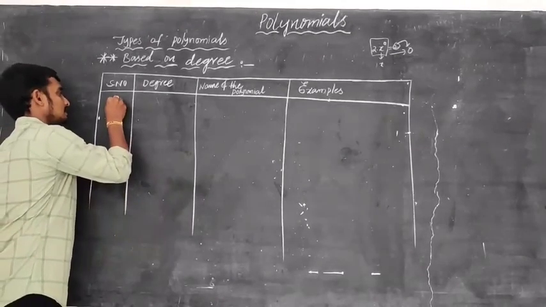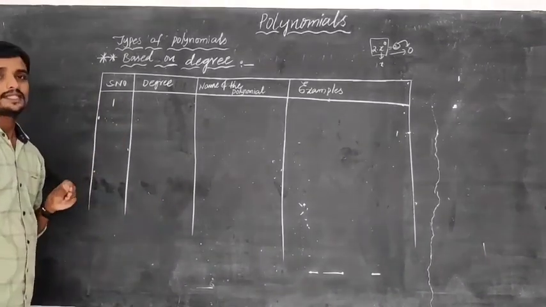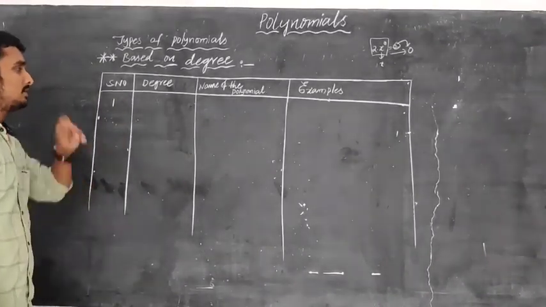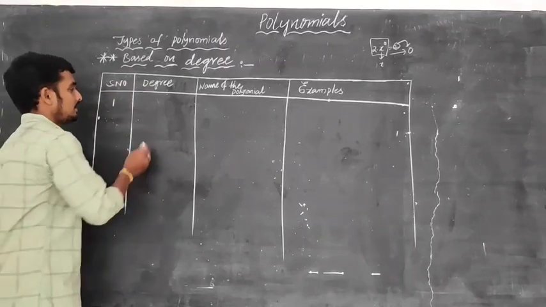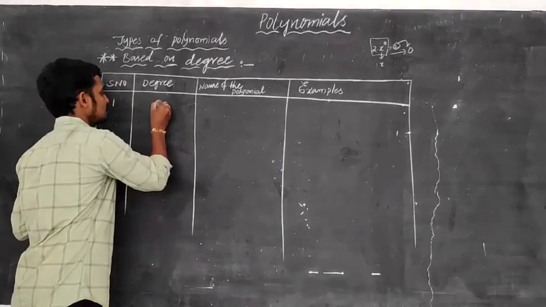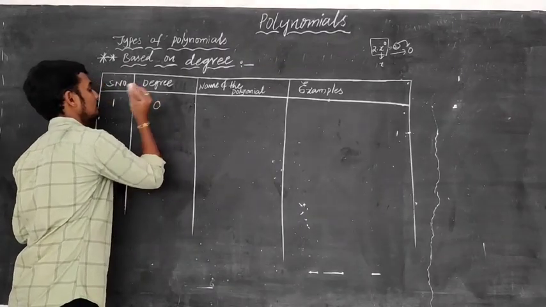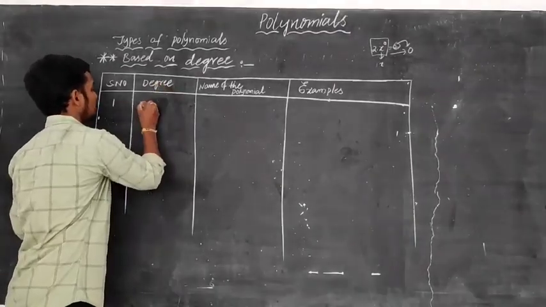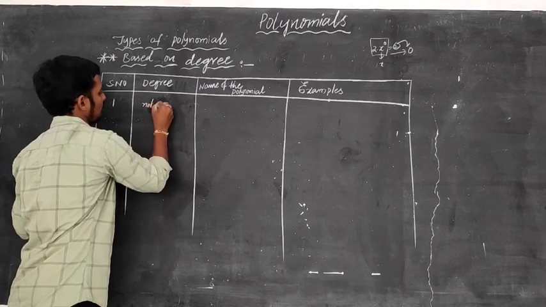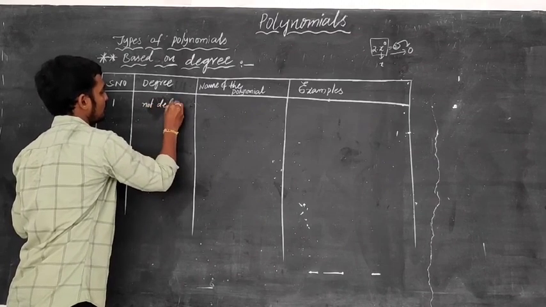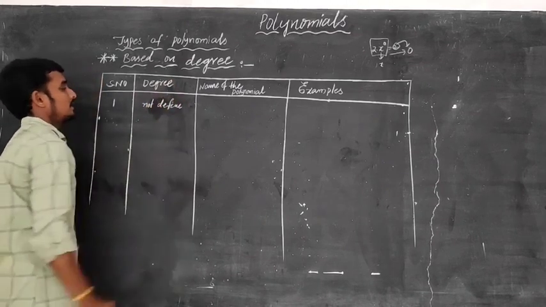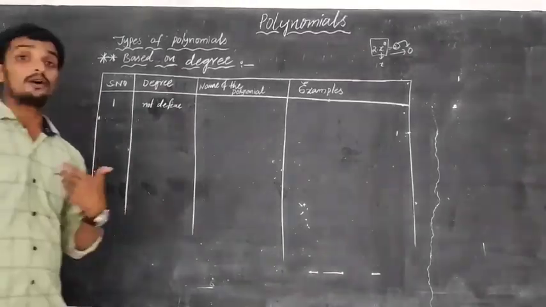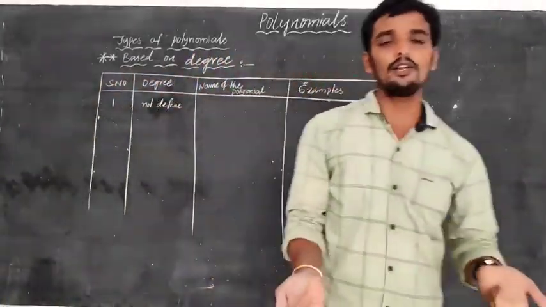First one, serial number 1. The degree of a polynomial is not defined. We can't define the degree of the polynomial.